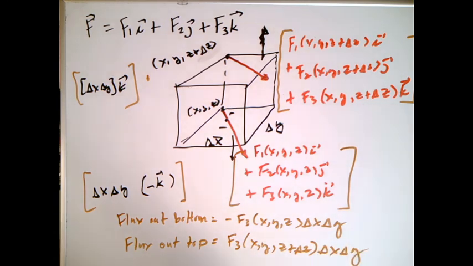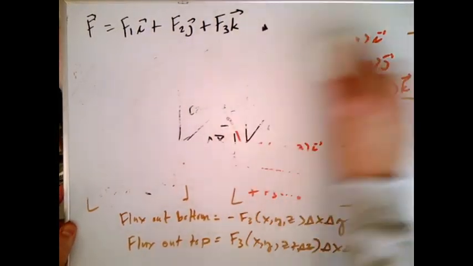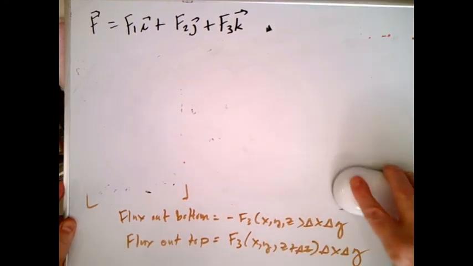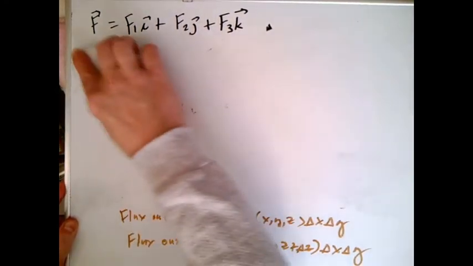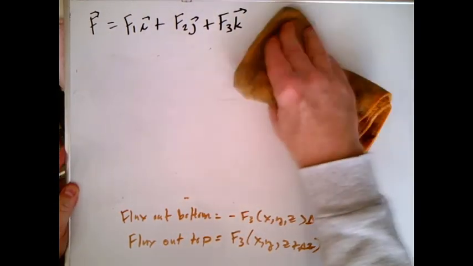So I'm actually done using the box and the picture to estimate the flux out the top and the flux out the bottom. So I'm going to get rid of that part of the picture, and we're going to make sense of what we get when we add the flux out the top to the flux out the bottom.